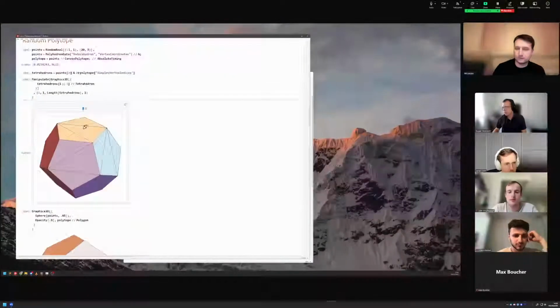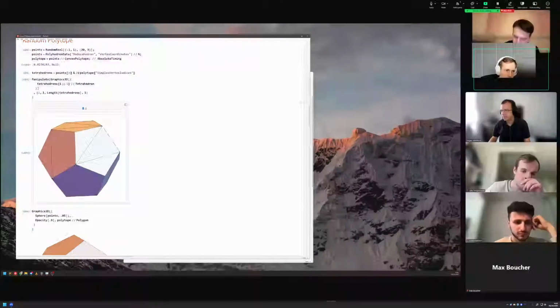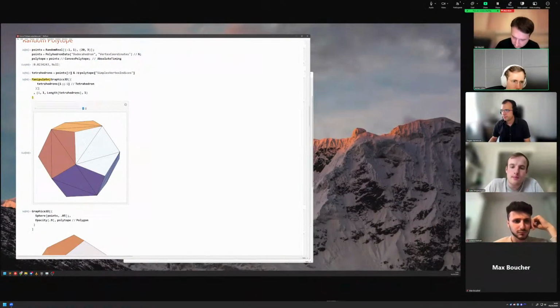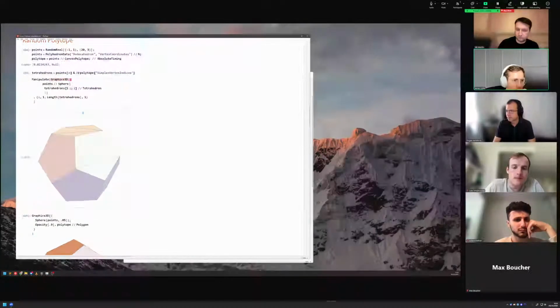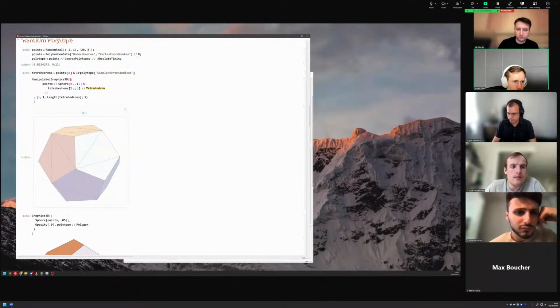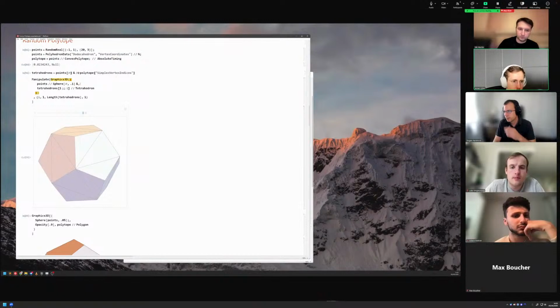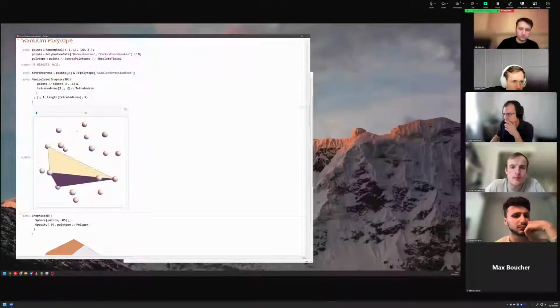So how are you constructing each tetrahedron? Are you deciding which points to make it out of? Does it not matter? Just any.